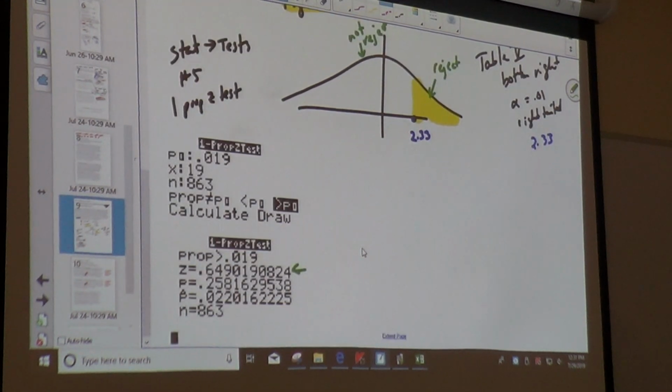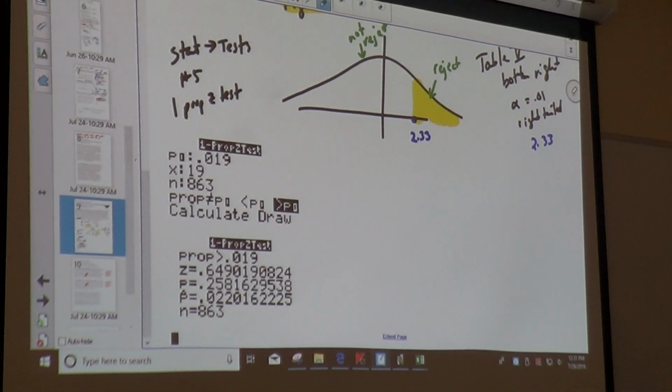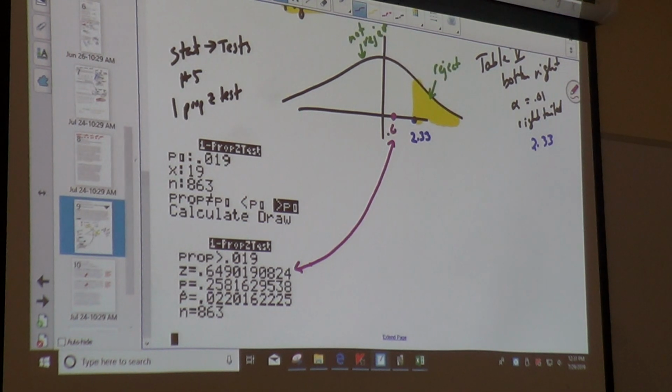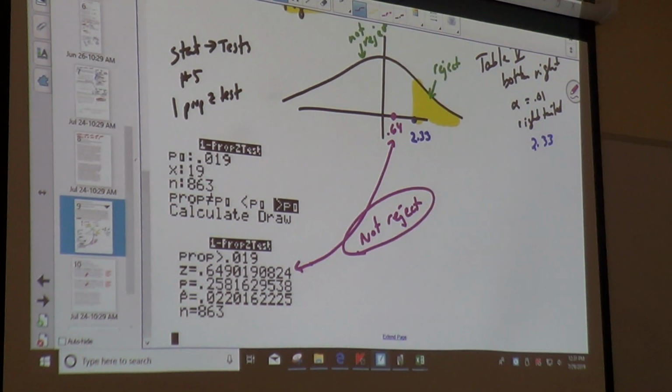So we want to know, where does this point end up? Does it end up in our rejection area, or in our not rejection area? When I put that point, 0.64, that point is a not reject. So we are not going to reject the data.